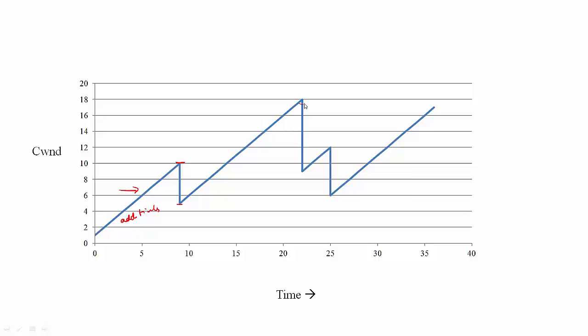As you can see, at some other point here you are able to increase it a lot more than before because of the traffic patterns, and again you cut it by half when you hit congestion, and again you probe. In this case you didn't go as far as before and you hit congestion much earlier, and thereby again you cut it by half and then again you increase.